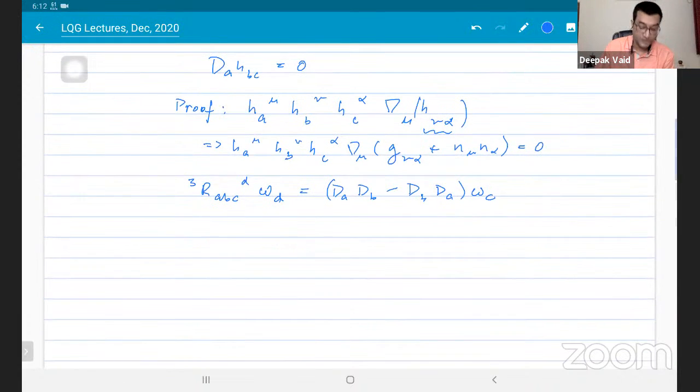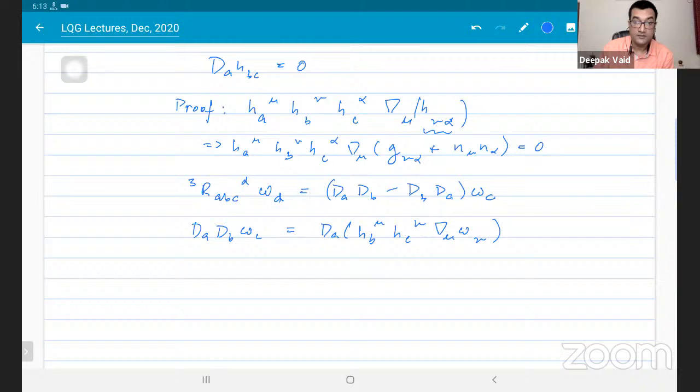One way to proceed is to look at the first term in this expression and use the definition of the derivative: h_B^mu, h_C^nu, del_mu omega_nu. We take this gradient and project it down to the manifold.